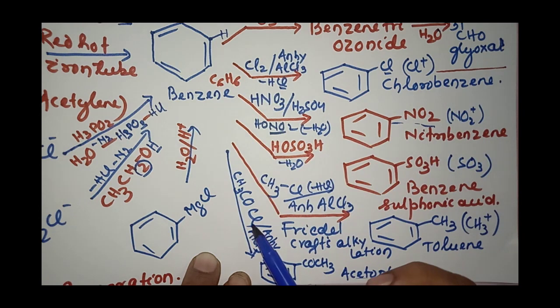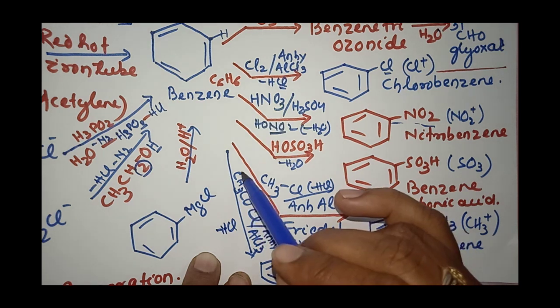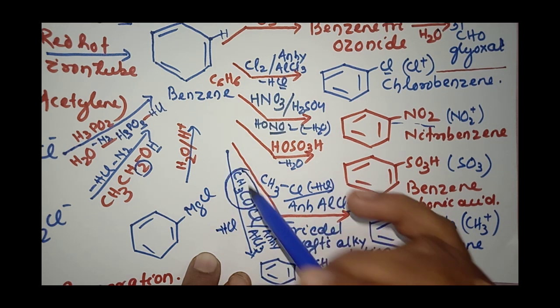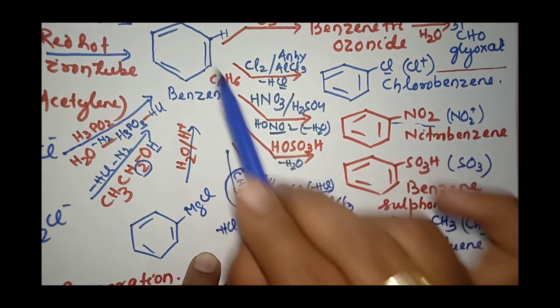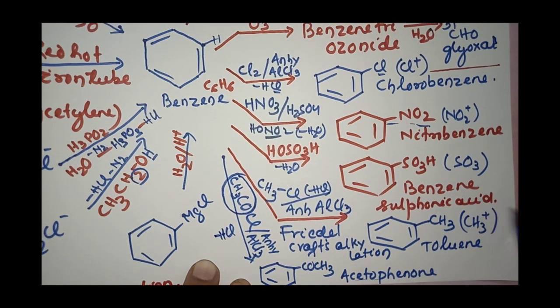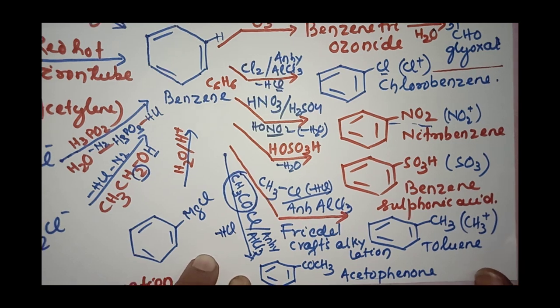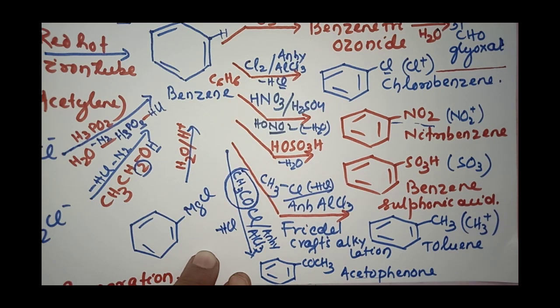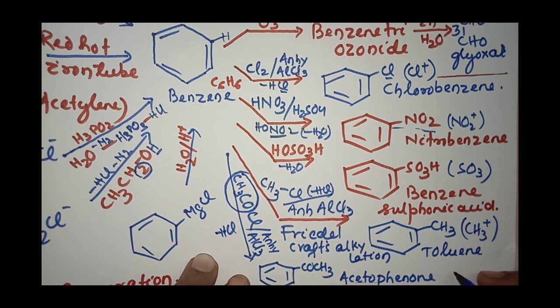This H and this Cl are removed as HCl, minus sign means HCl is removed, and this CH3CO group is connected over here, and acetophenone is produced. Electrophile for this reaction is CH3CO plus.